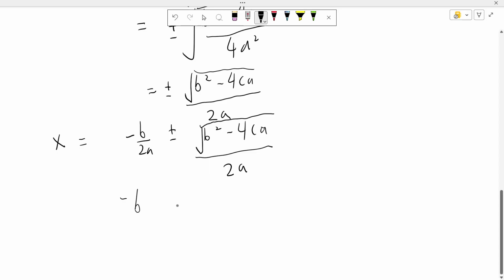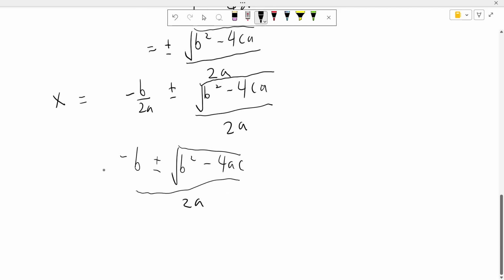So it's going to be minus b plus or minus the square root of b squared minus 4ac, over 2a. And yeah, this is the quadratic formula.